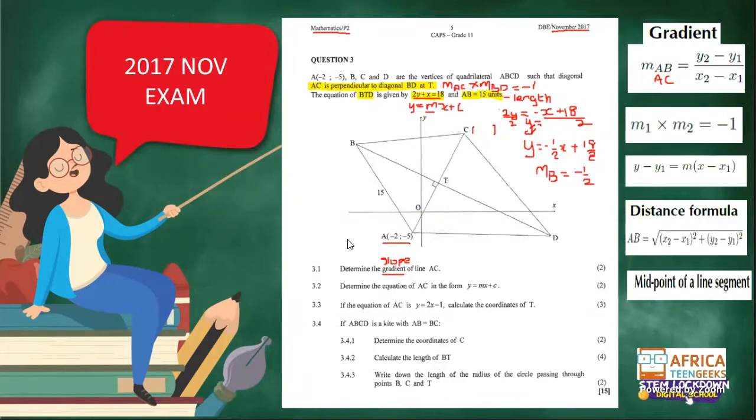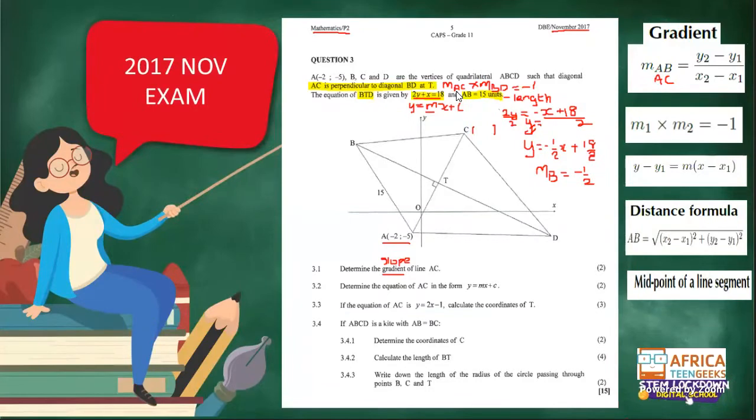Do you guys understand? We solved for y to write it in the form y equals mx plus c, so that we can identify the gradient of BD, because we know the relationship between the gradient of AC and BD.